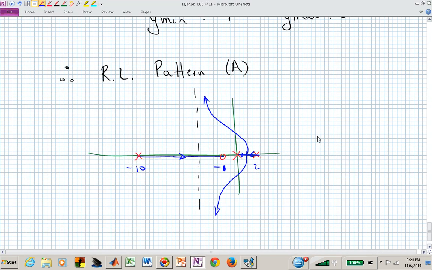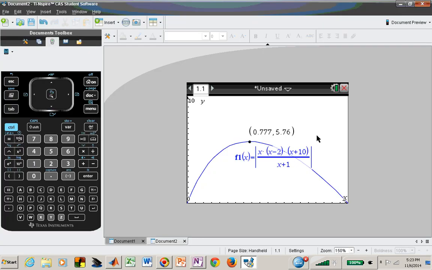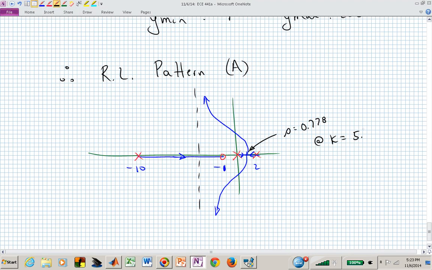So if I go back to my diagram, this breakaway point is actually occurring at s equal to 0.778, and that occurs at k equal to 5 point whatever that was, 5.76.